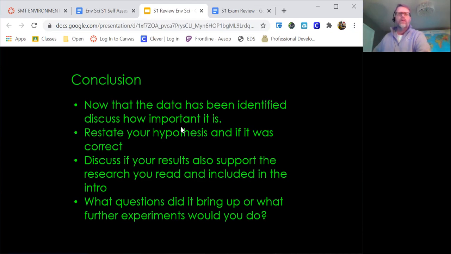Then you're going to discuss the results, and also support the research with your introduction. So you read about how factories cause acid rain, and that's what you put in your introduction, and then you're like, oh, my data says it does so, but to a different degree than was thought by those people.